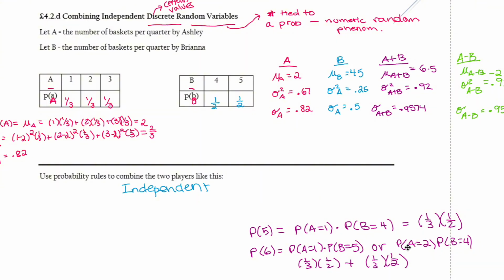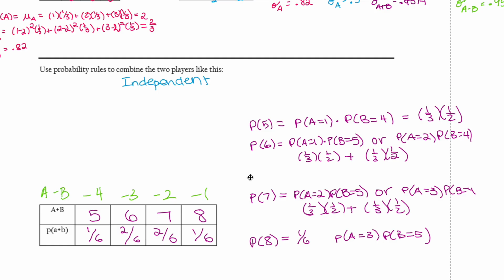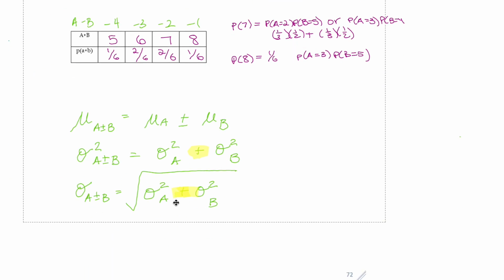You can use probability of A equal to 2 times probability of B equal to 4 and add them together. We get this number. For probability of 7, you can use 2 and 5 or 3 and 4. Depends on you, but you should get the same value. For probability of 8, we only got one option, which is 3 and 5, so you can get this. Those numbers, I just randomly picked the combinations, but the key idea is to show you how to do the calculations when adding or subtracting the probability of two people.